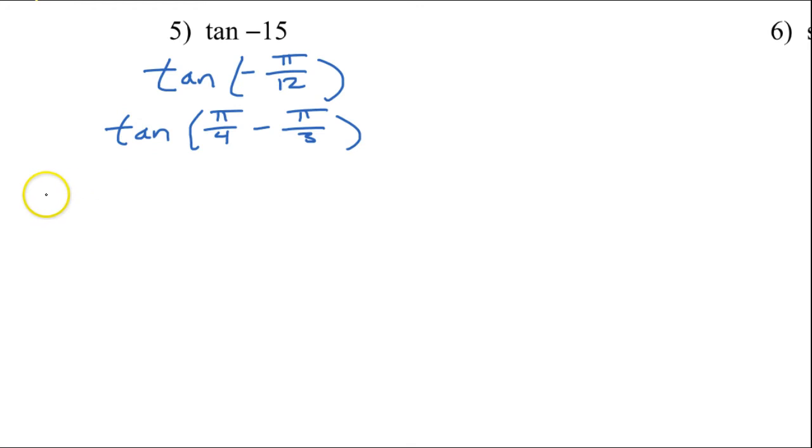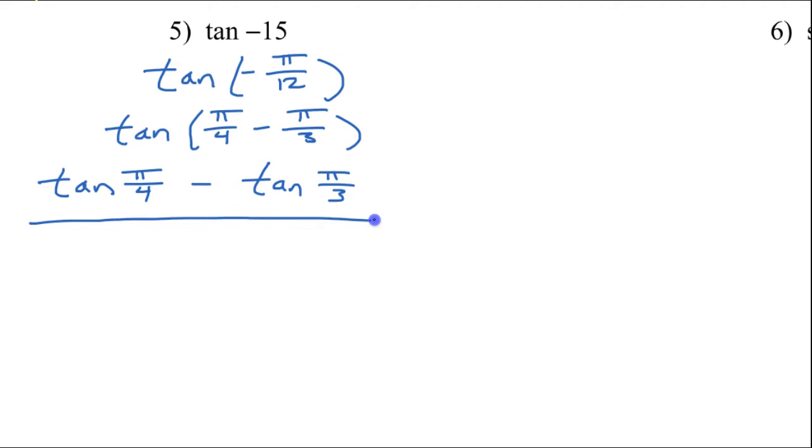So, according to the formula, this should be the same thing as the tangent of pi over 4 minus the tangent of pi over 3, over 1 plus tangent pi over 4 times tangent pi over 3.